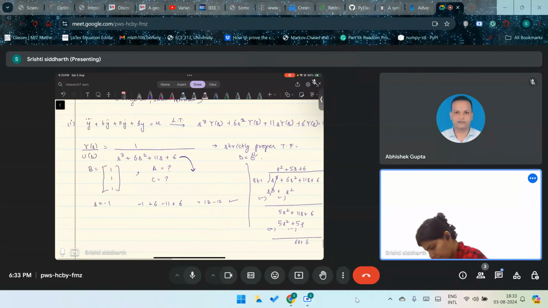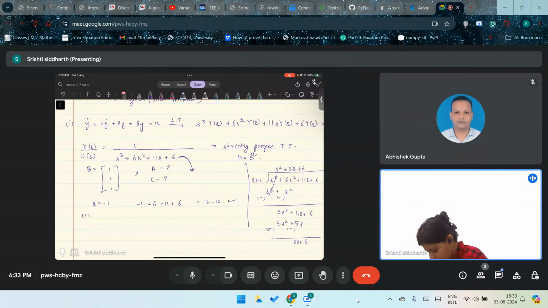Okay, so we have the denominator as (s plus 1)(s squared plus 5s plus 6). Now let's look at the roots of this equation. So at minus 1, we would have 1 minus 5 plus 6, so not 0.